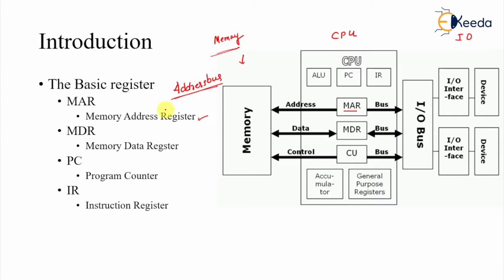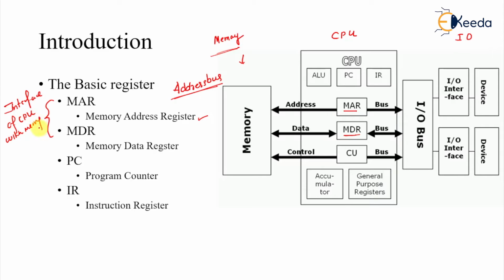Then we have another register that is called memory data register, MDR. Now, before I go to the other registers, MAR and MDR basically is the interface of the CPU with memory.